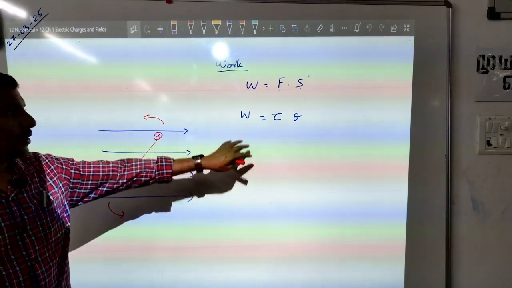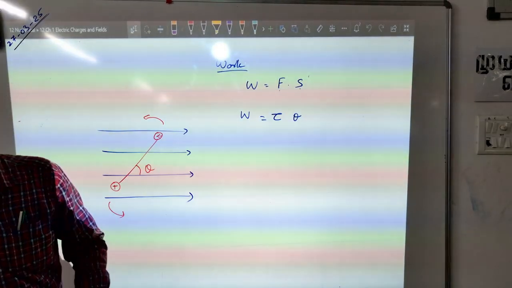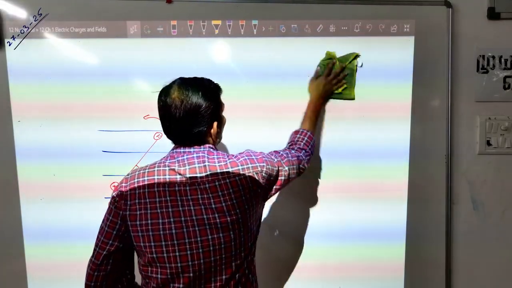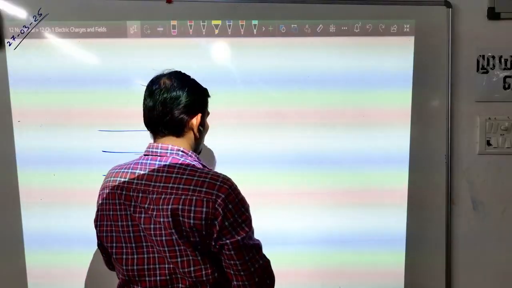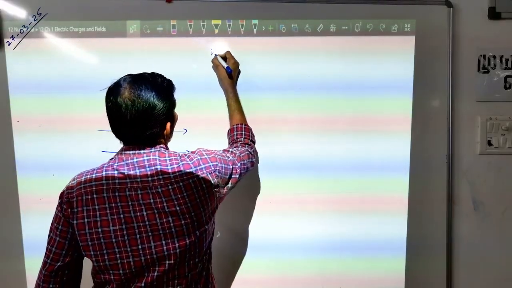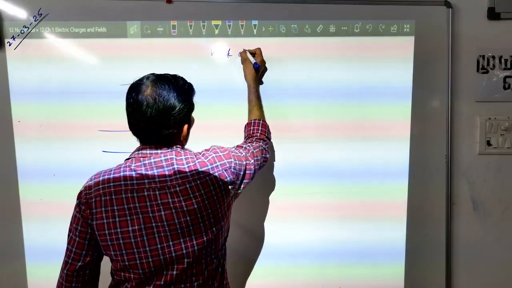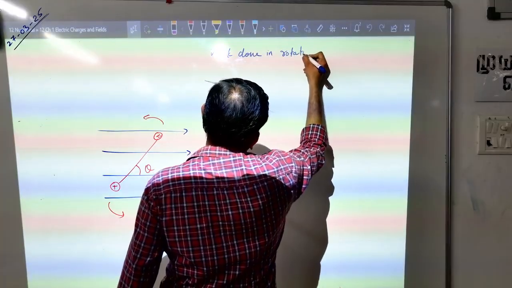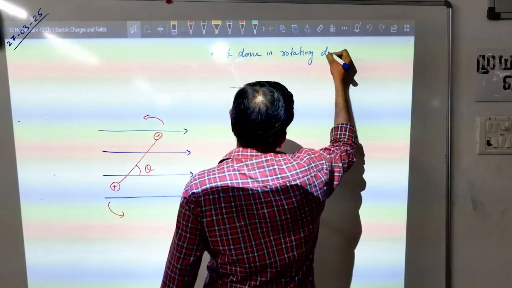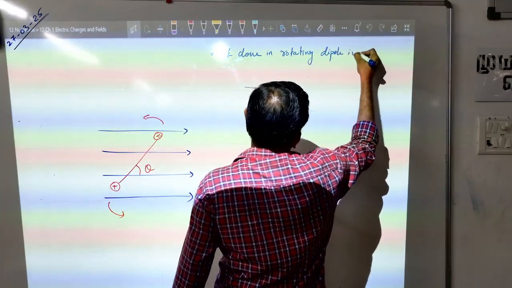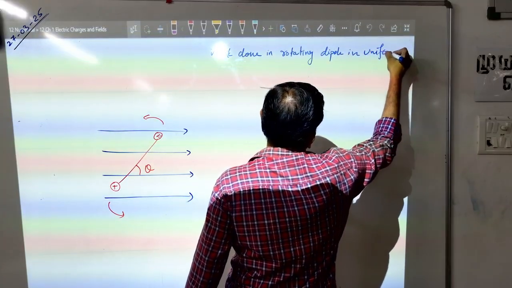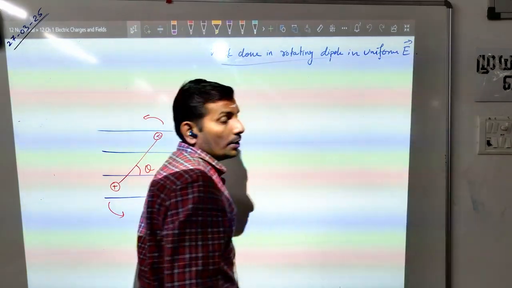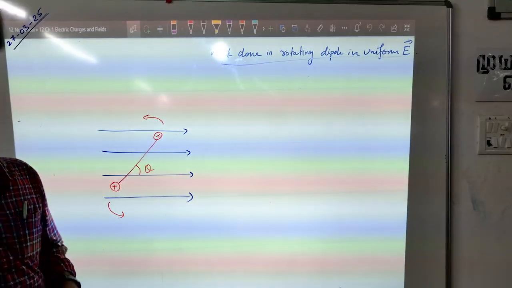So here we are rotating, so we have to write the title: work done in rotating a dipole in a uniform electric field.